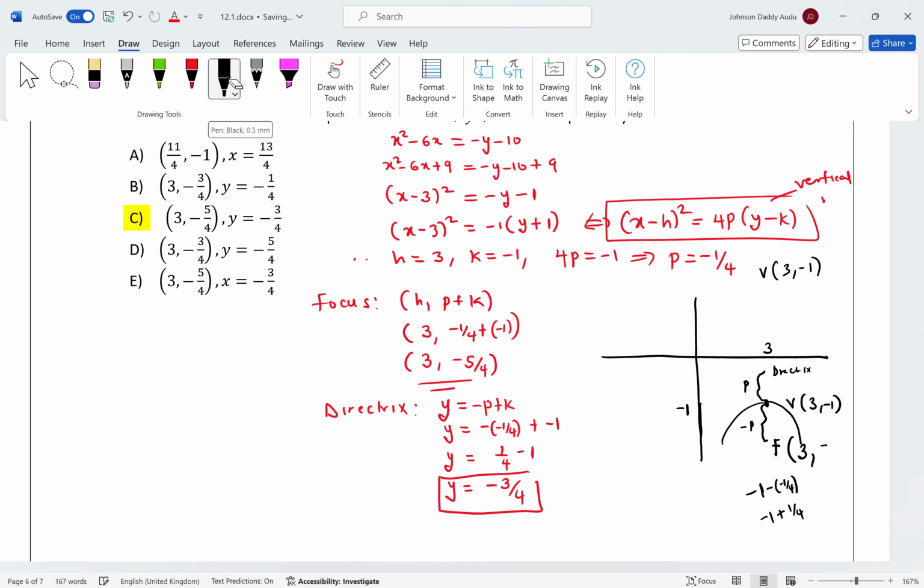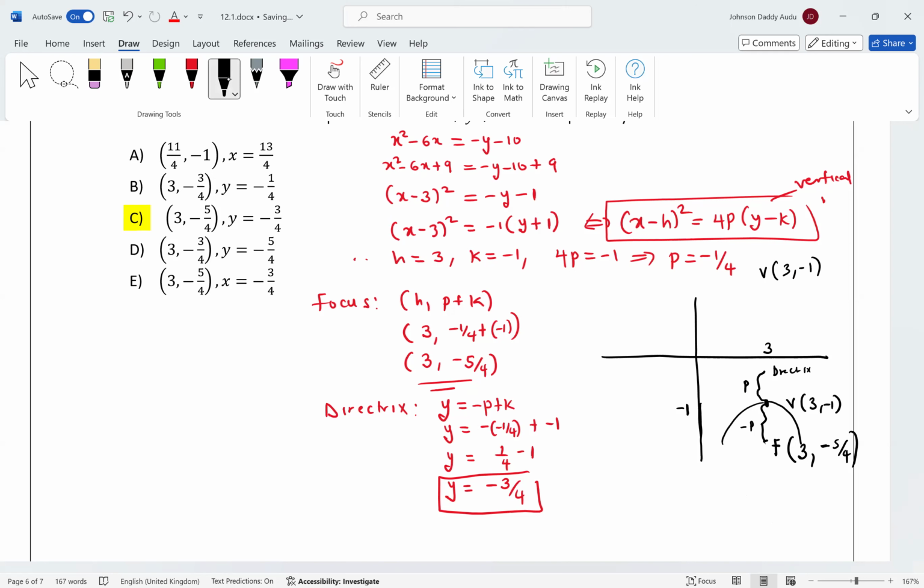This is still going to be minus because you're coming down a distance of minus 1, and then you are coming down a distance of P, which is minus 1 over 4. So this is going to be minus 5 over 4 as well. Yeah. So now you have your focus.